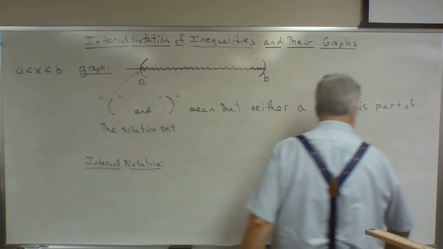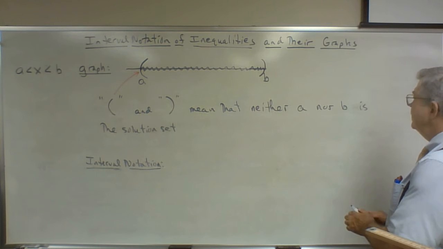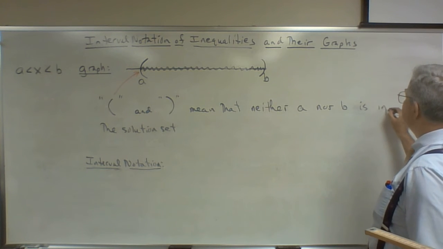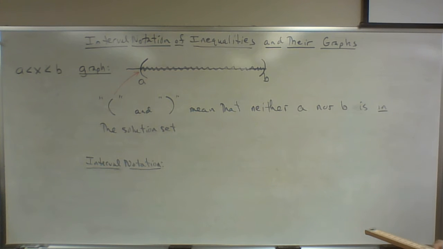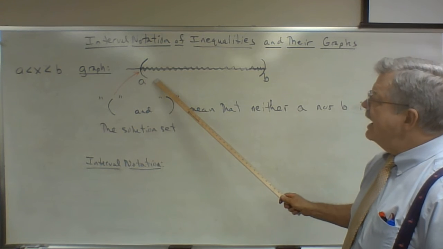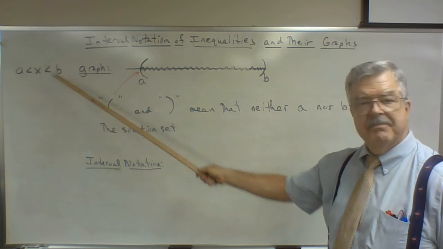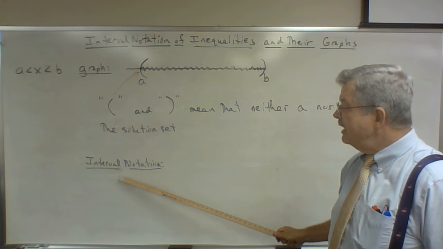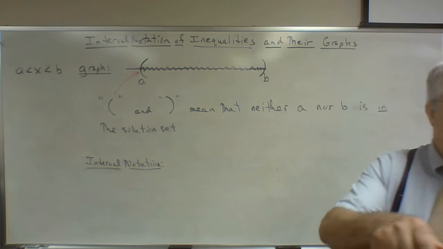See, neither is part of the solution set. Maybe I should do this. Neither A nor B is in the solution set. Now look at the graphical solution of this inequality. The interval notation solution is going to look a lot like this.